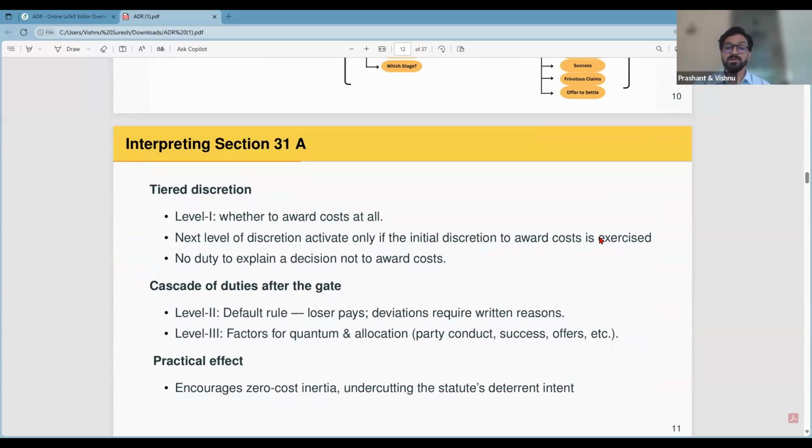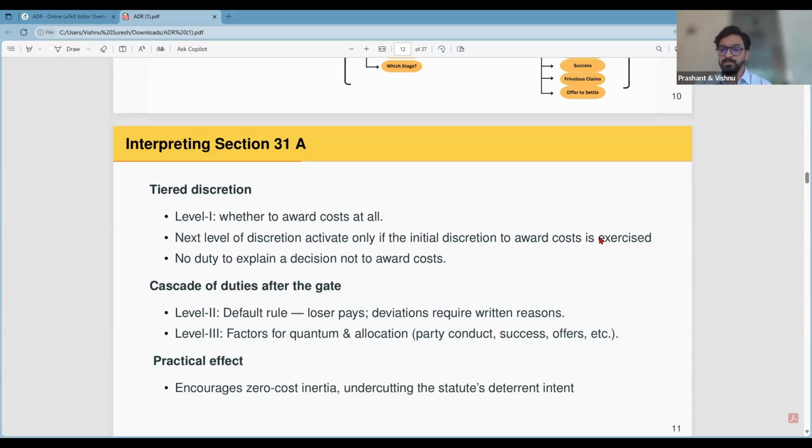The next level of discretion is only active if the first level of discretion is exercised and it is decided that cost has to be imposed. To that, there is no duty on the courts or the tribunal to give an explanation as to why they have decided not to impose costs. Once it is decided that yes, we will impose cost, we come to the second level of discretion, which is the default rule: loser pays principle or not.